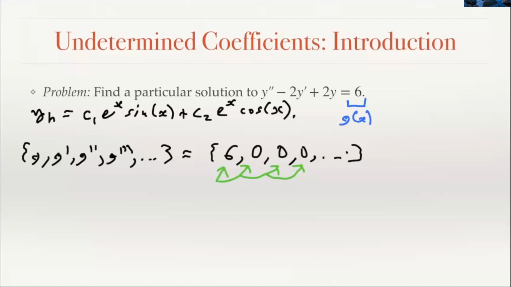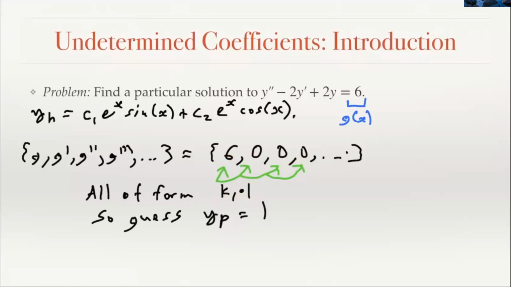So are all of these linear combinations of some single function? Yes, they are all linear combinations. Technically k1 times 1, if you want to think of the actual function of which they're linear combinations. For 6, that's k1 equals 6. For 0, that's k1 equals 0, etc. So we just guess yp equals k.